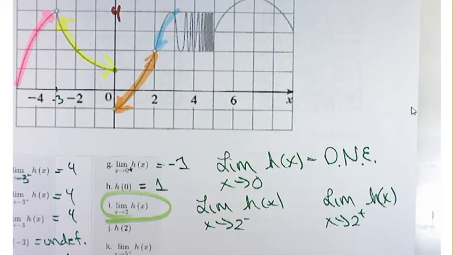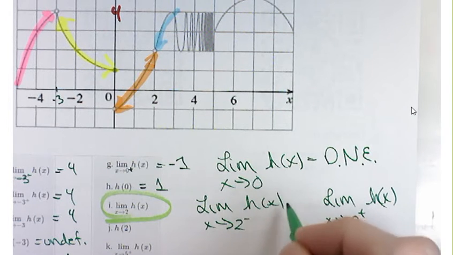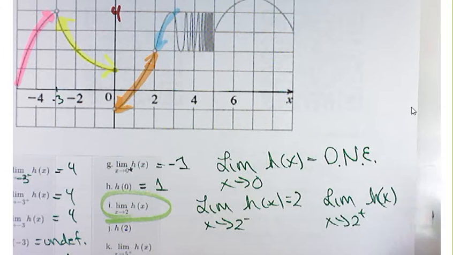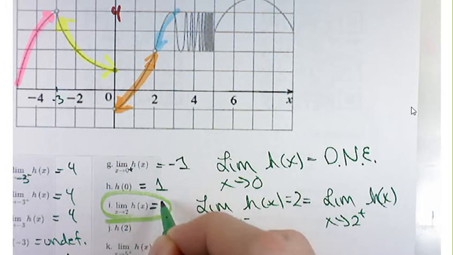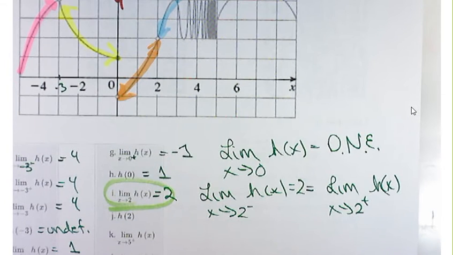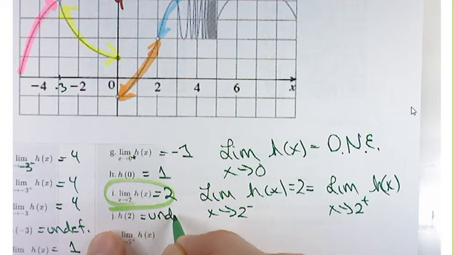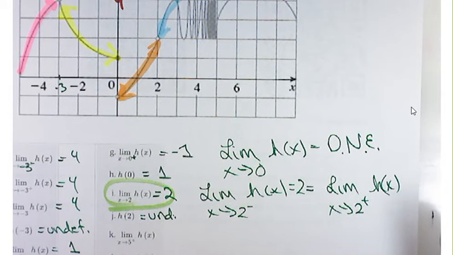What's the limit as x approaches 2 from the left? 2. How about as x approaches 2 from the right? 2. It's 2 again. They're both equal, so at that point, then you can say, okay, yeah, the limit as x approaches 2 is 2. Now h of 2 is once more undefined. It is what it is. Not defined, we're okay there.